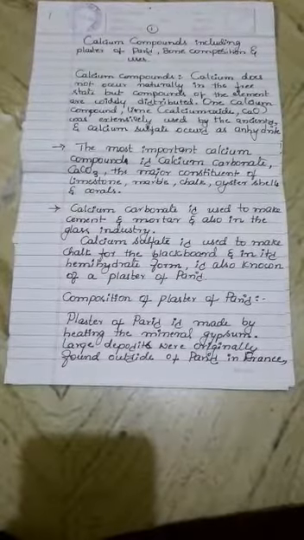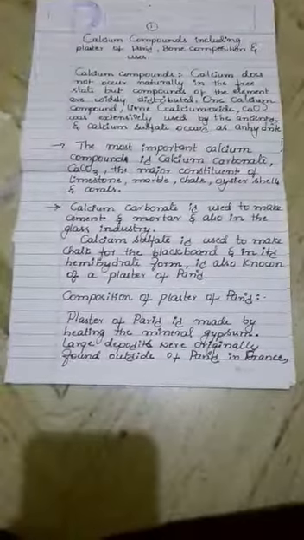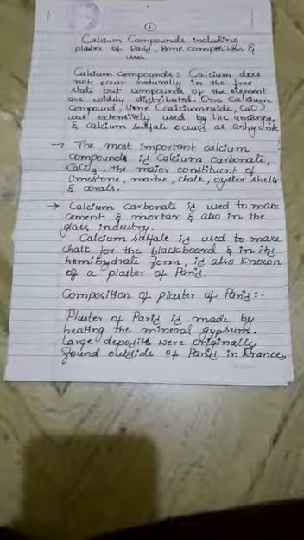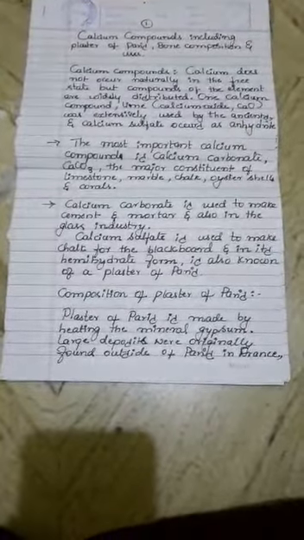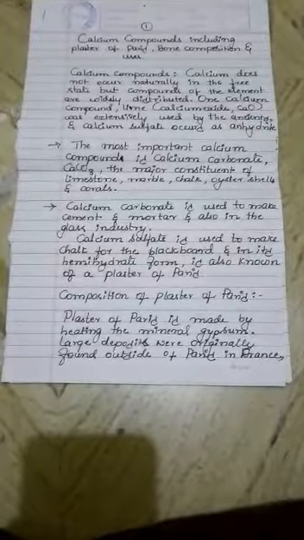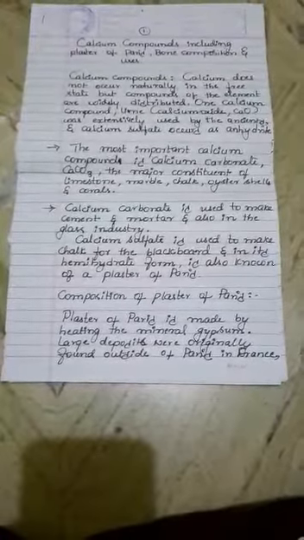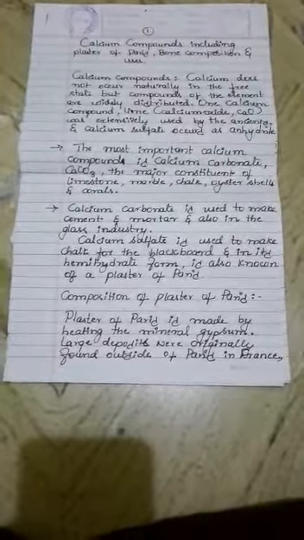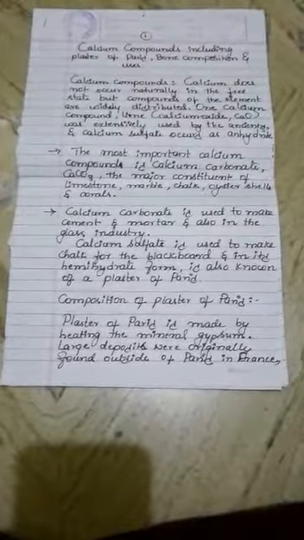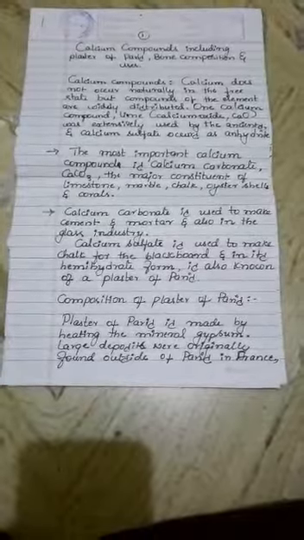One calcium compound is calcium oxide, which is nothing but lime. It is also called CaO, was extensively used by the ancients, and calcium sulfate occurs as an anhydrite. These are two compounds of calcium which occur in compound form.